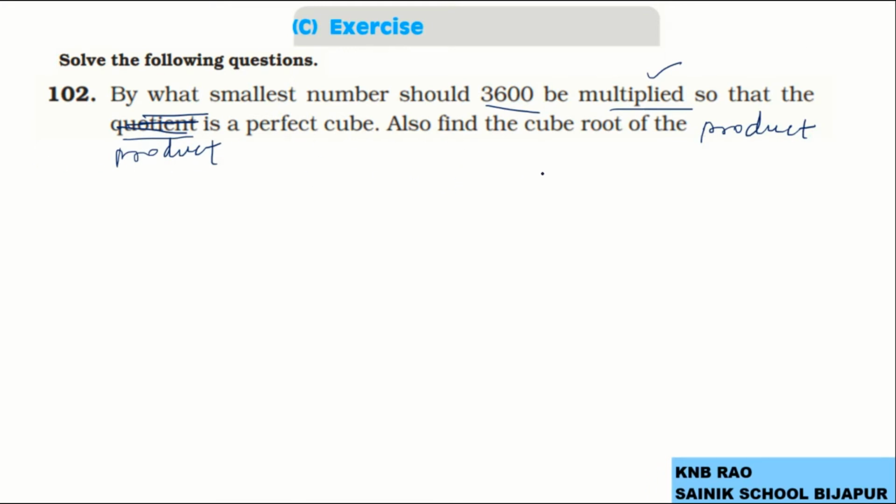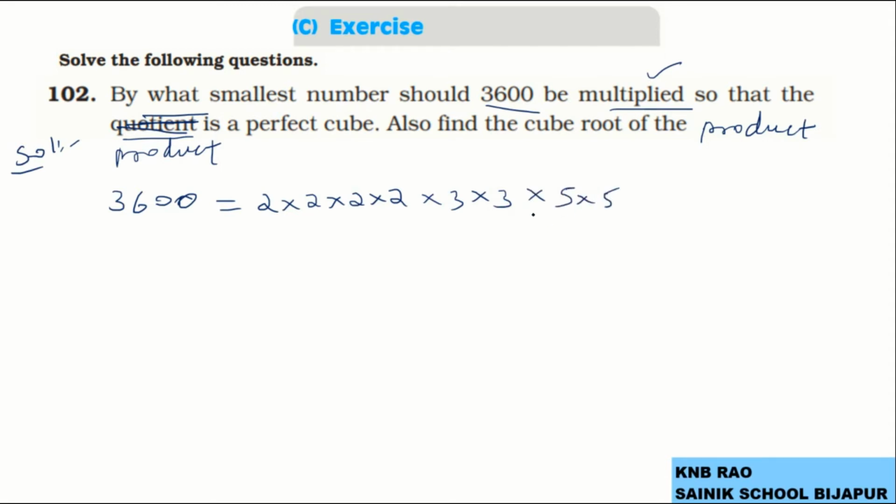Now first do the prime factorization of 3600. What is the prime factorization of 3600? Here 2 multiplied by itself 4 times. Next 3 multiplied by itself 2 times. Then 5 multiplied by itself 2 times we will get.